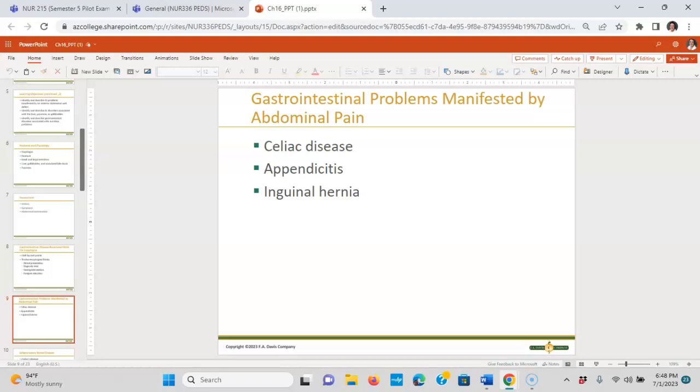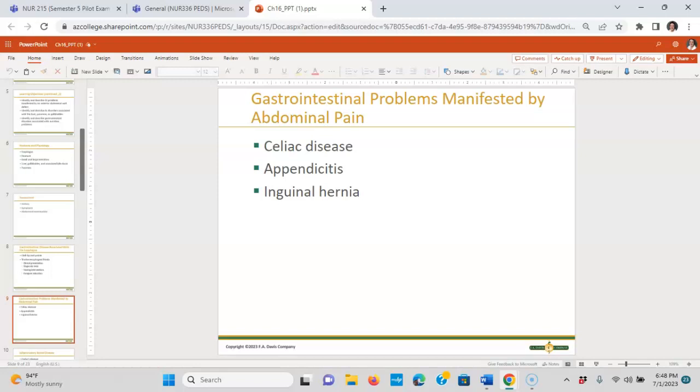So you look for things like abdominal bloating, diarrhea, vomiting, weight loss, flatulence, like really foul smelling, delayed growth and development, dental enamel defects, and can have blistering pruritic rash on the elbows, knees, and buttocks. It's more common in adults, but it can occur in kids. And then from this, you're going to have iron deficiency anemia, B12 deficiency, and osteoporosis due to the calcium malabsorption.